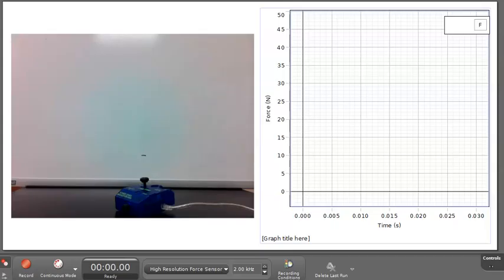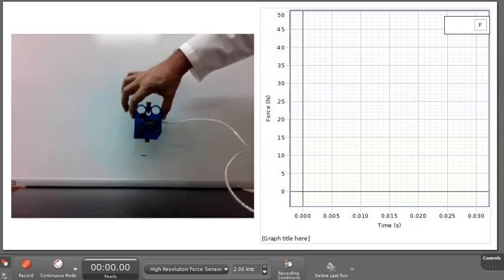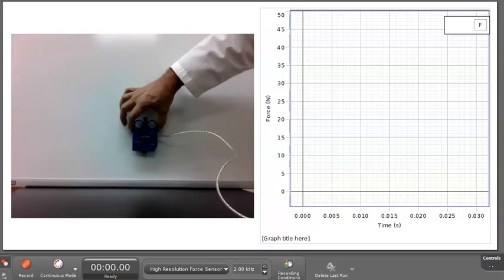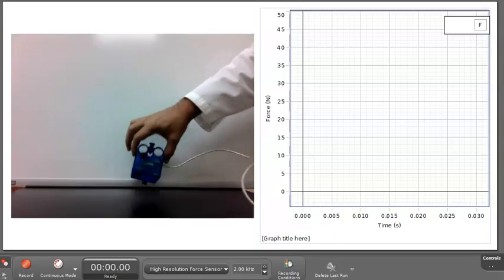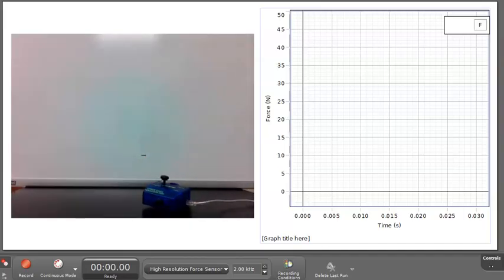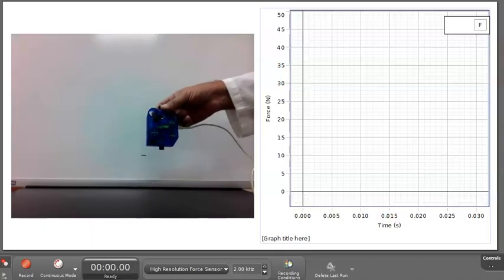So what's the force that is going to be transferred when the force sensor drops? We'll put the force sensor here so that the stopper is right at 9 centimeters, and I'm going to drop it down like so. Here's where we're going to need a little patience, because ideally it should drop straight down.